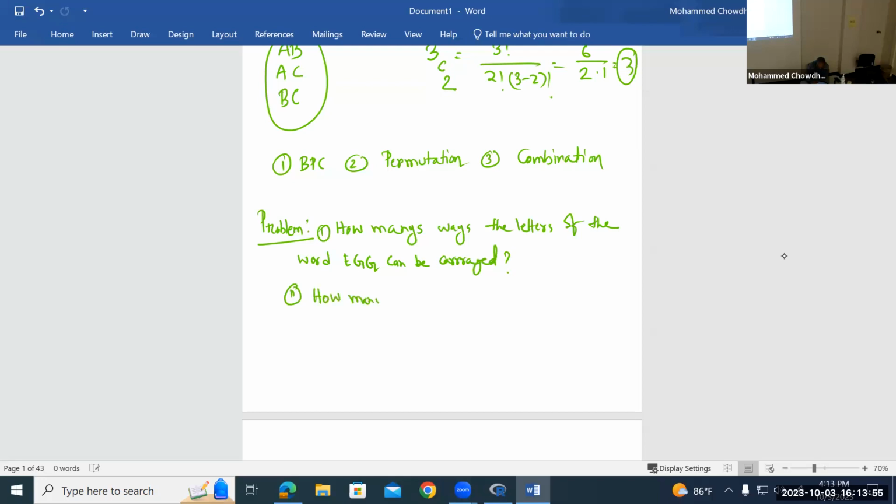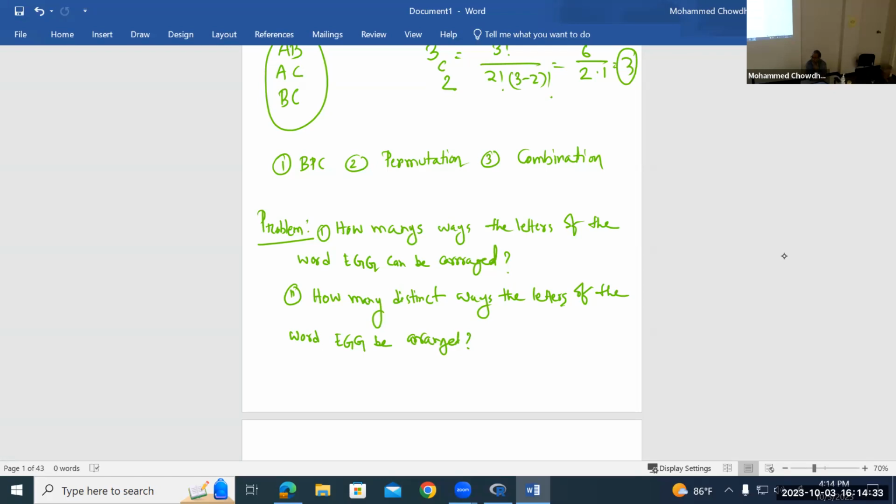How many distinct ways the letters of the word egg can be arranged? How many ways the letters of the word egg be arranged? How many distinct ways the letters of the word egg be arranged?